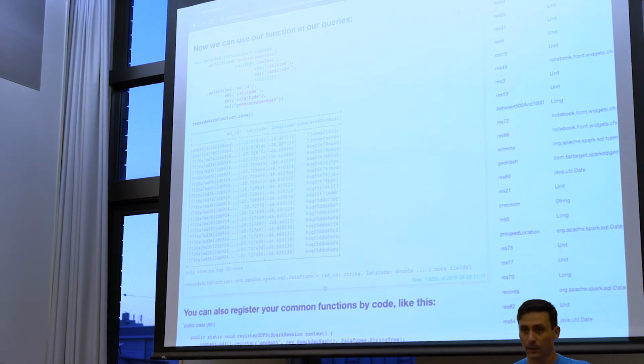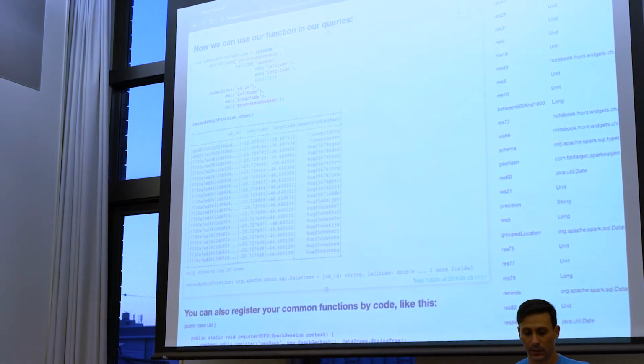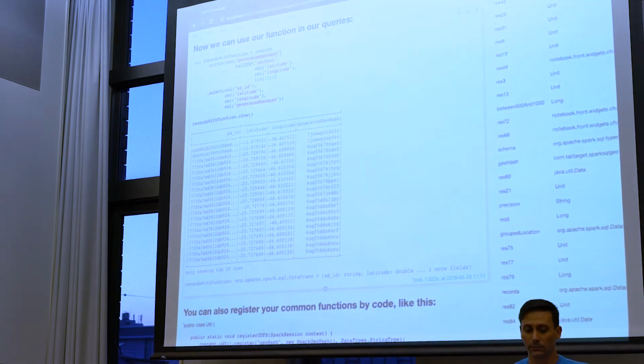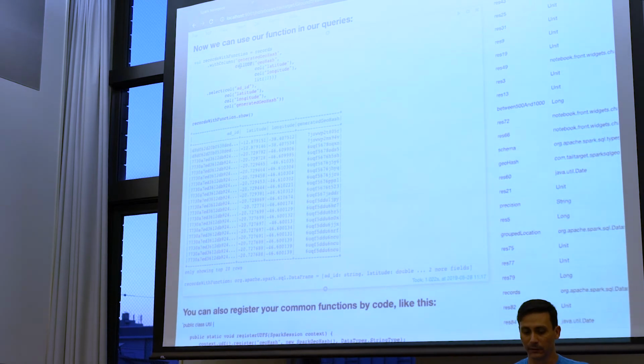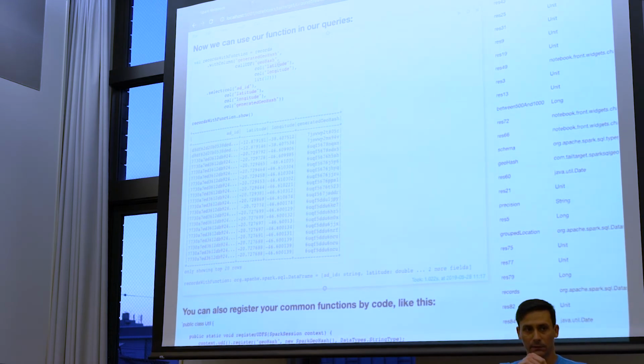So here, I'm going to go through all my records and generate a new column called generated geohash. I call my user-defined function geohash with 3 parameters. The latitude, that's inside the CSV file, also the longitude, and a fixed integer.